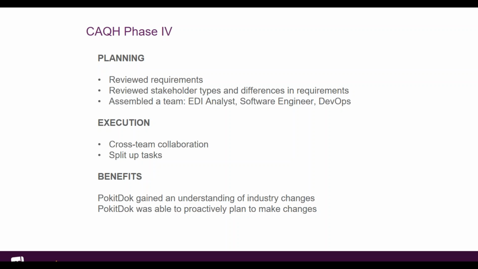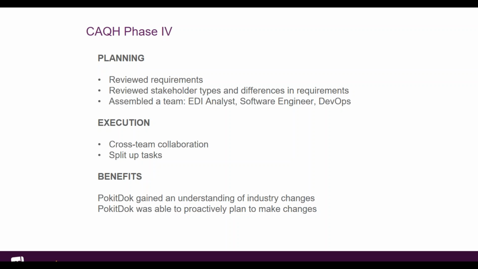In terms of execution, cross-team collaboration was huge to make sure that from the EDI perspective to the development perspective, we were covered. We split up tasks as the roles needed. Our awesome EDI analyst was in charge of getting the requirements together and making sure they were split up correctly, and handed them off for our developers to implement these tasks and coordinate with the testing site.